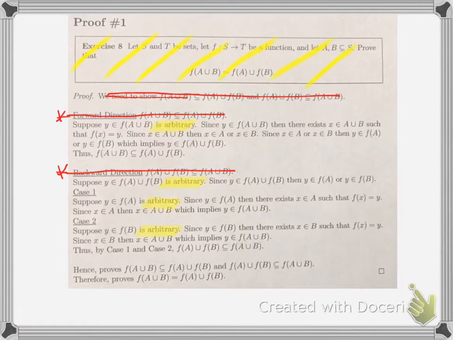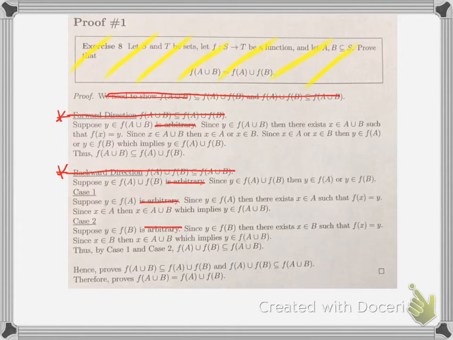As soon as I say y is an element of f of A union B, with no other indication as to what the element is, that means I'm choosing an arbitrary element, right? If it's not arbitrary, it's specific, and there's no specific way I can do it. So we're going to go back, and we're going to eliminate all those. Anytime we see an "is arbitrary," we can get rid of that.